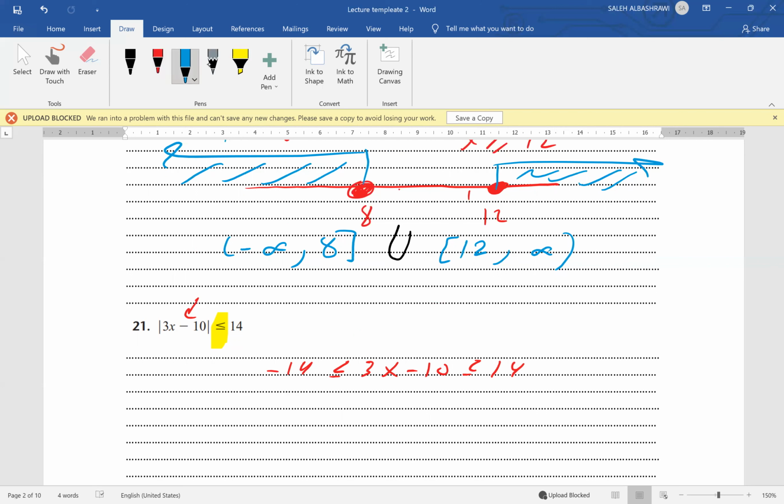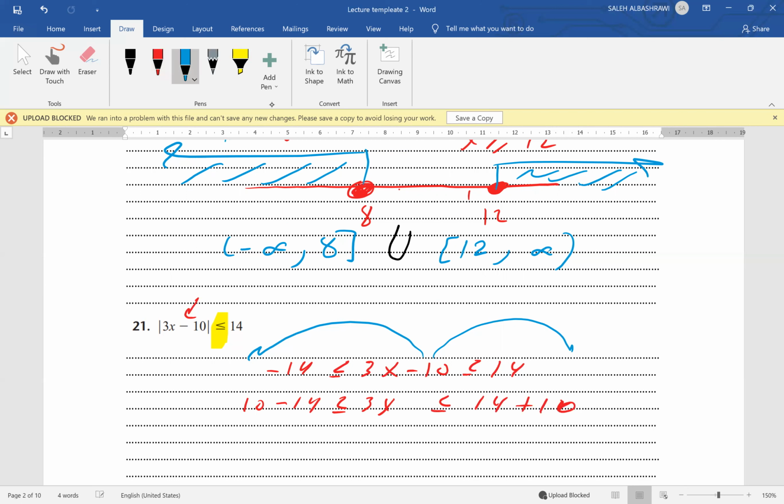Now to solve this inequality, take the constant to the right and to the left. Change the sign. I will have 10 minus 14 less than or equal to 3x less than or equal to 14 plus 10.